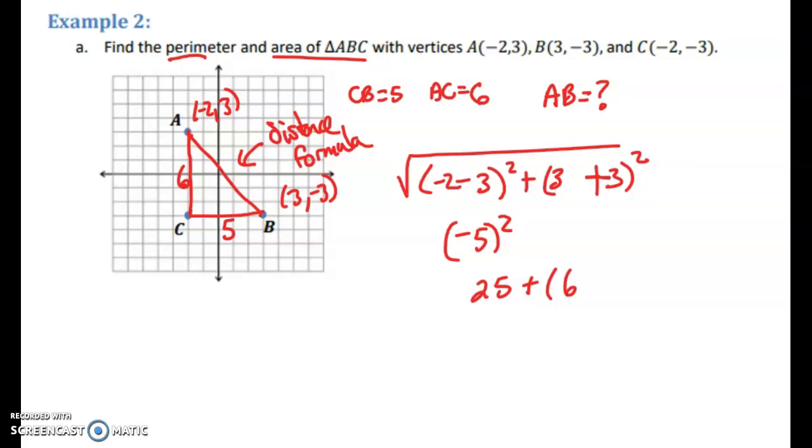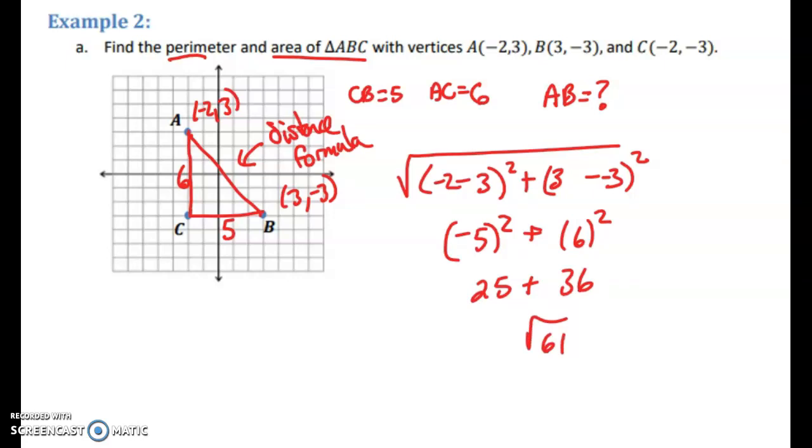Oops, sorry. So I would have 6 squared, which is 36. All right, so now 25 plus 36 is 61. So that distance would be the square root of 61.